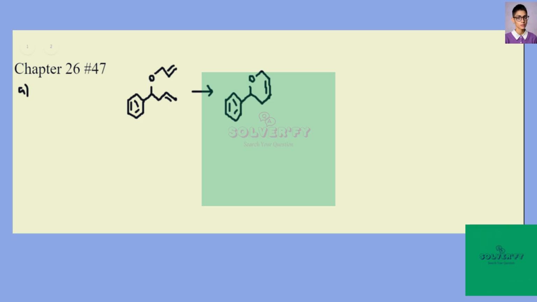In order to synthesize this starting material, we're told we need to start from benzene. And so let's do that. And we can do a Friedel-Crafts acylation. So using aluminum trichloride as always.